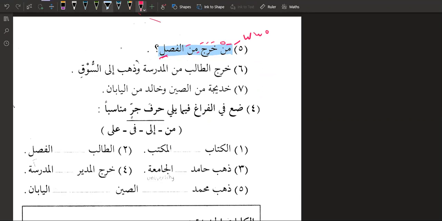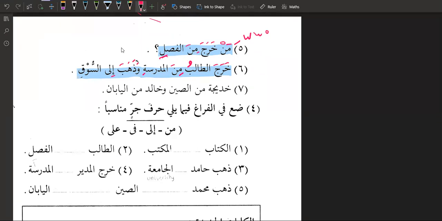جيد. إسماعيل. خرج الطالب من المدرسة وذهب إلى السوق. What does it mean?